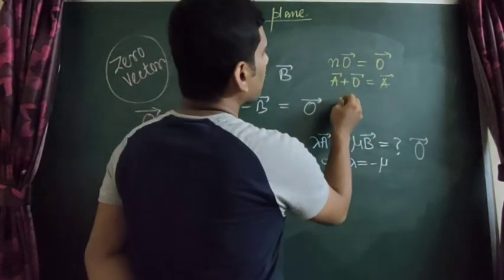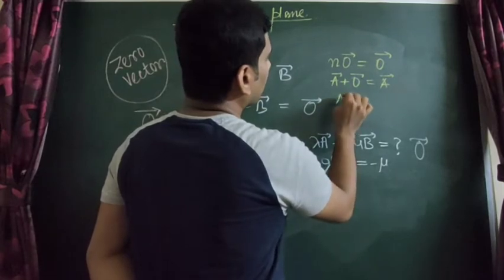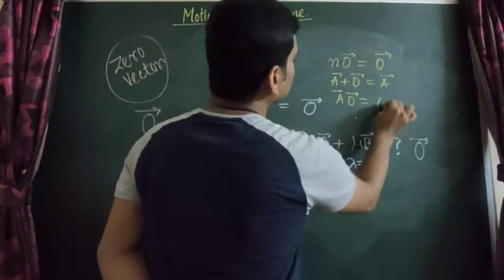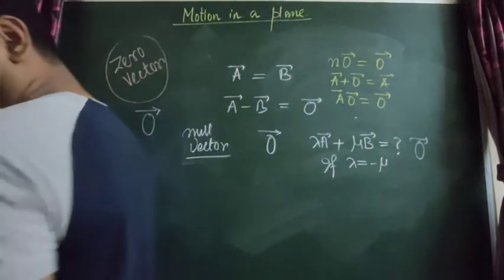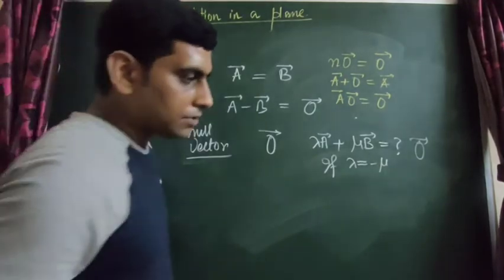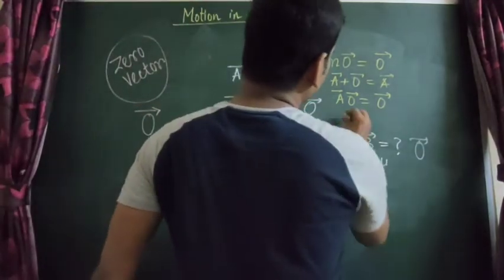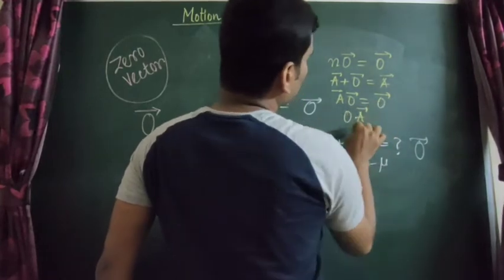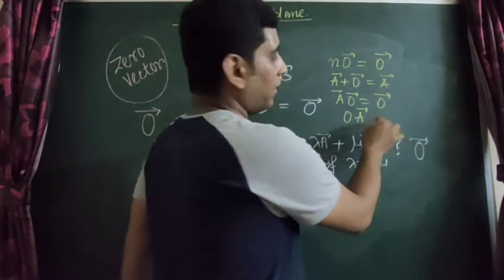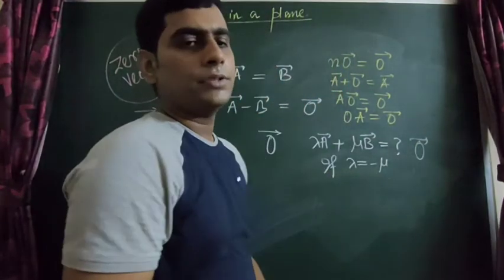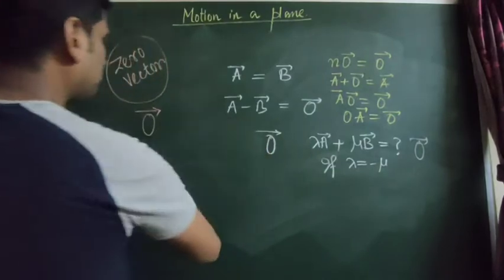And if you multiply any vector by zero, it becomes a null vector. For example, if you multiply 0 with another vector, the value is the null vector. So these are a few properties of the null vector.